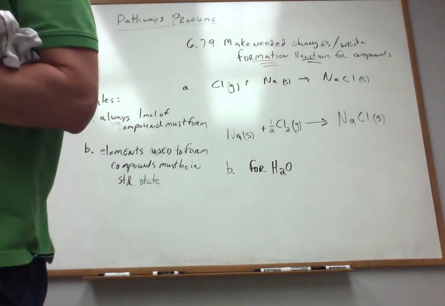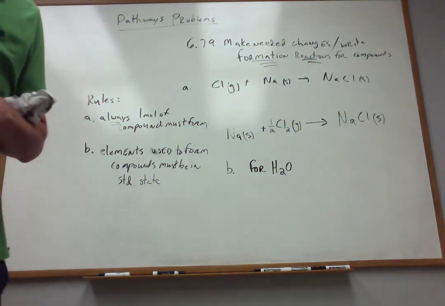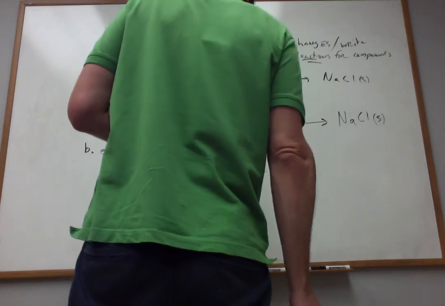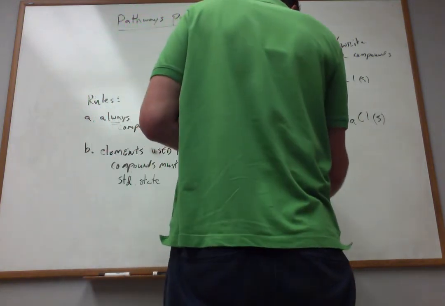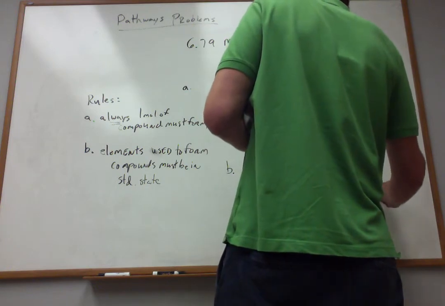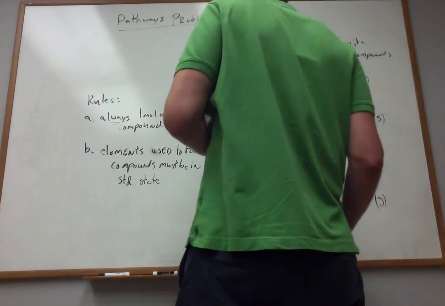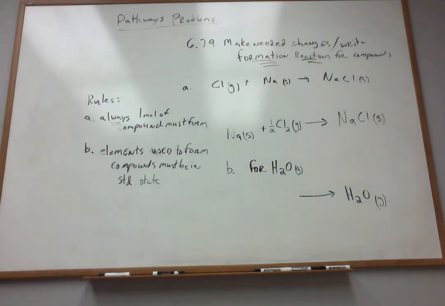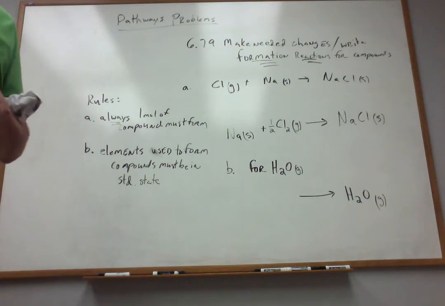So in 6.79 we're doing gaseous water. The first change that I want to make is listing water, our compound, as a product in this reaction, not a reactant. And we're going to have to form that water from the elements.